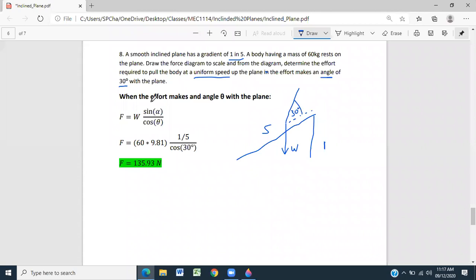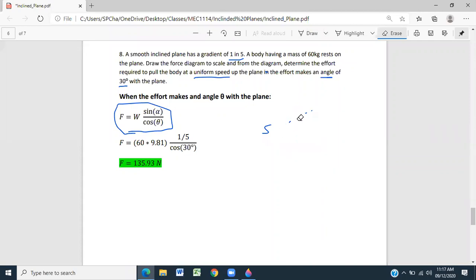So we use this other formula that we came up with. The angle theta in this case is 30 degrees.